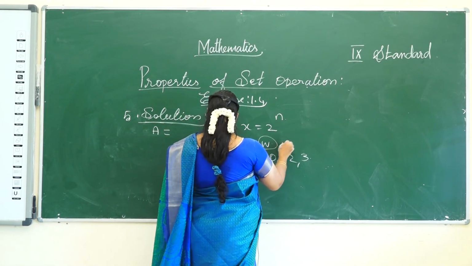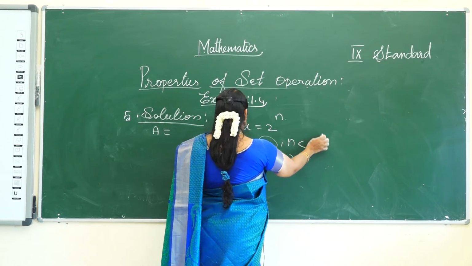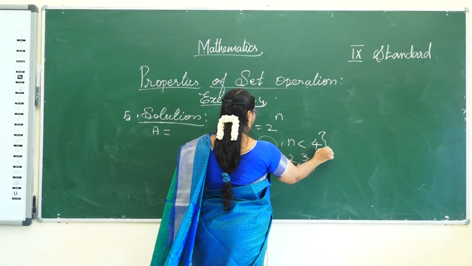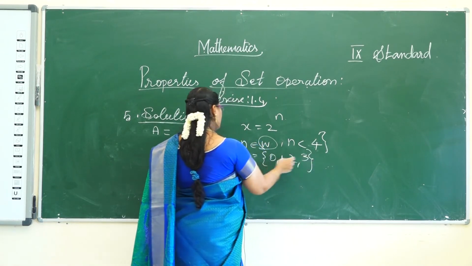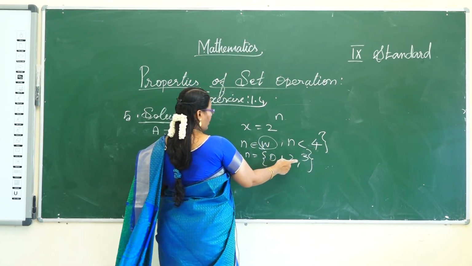The condition given is n is less than 4, so we do not consider 4. So the elements of n are 0, 1, 2, 3.